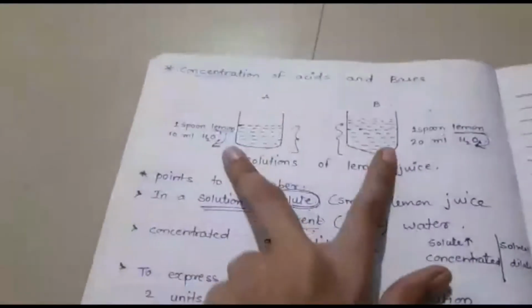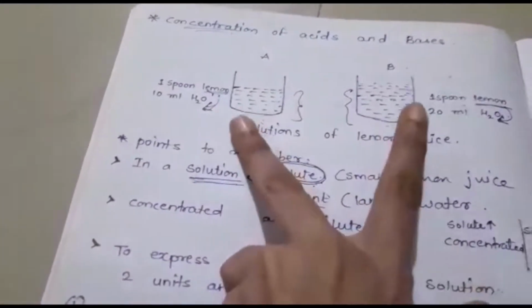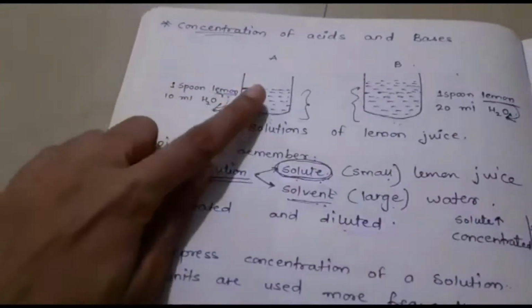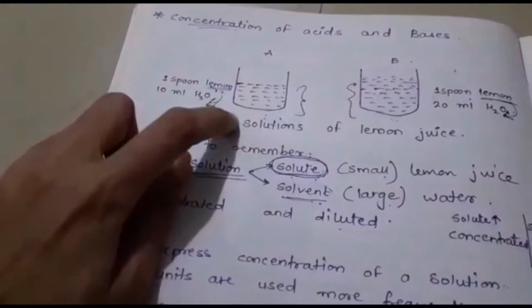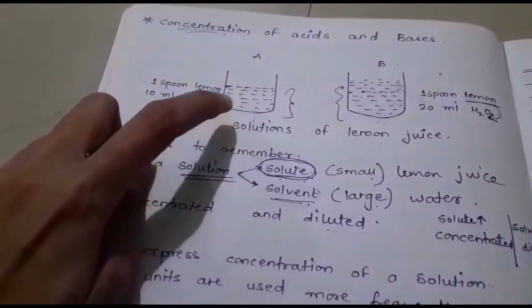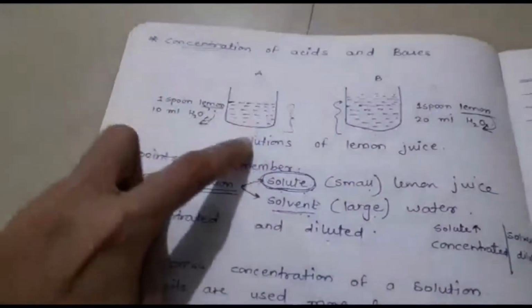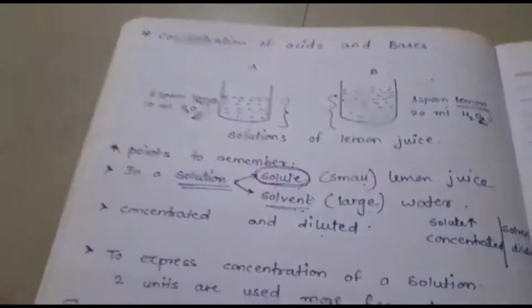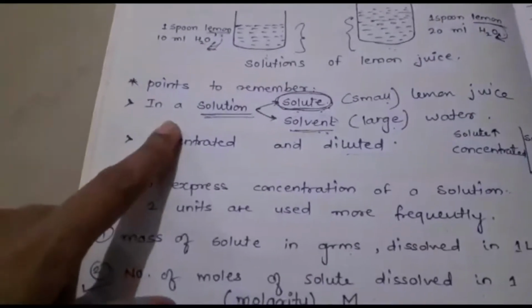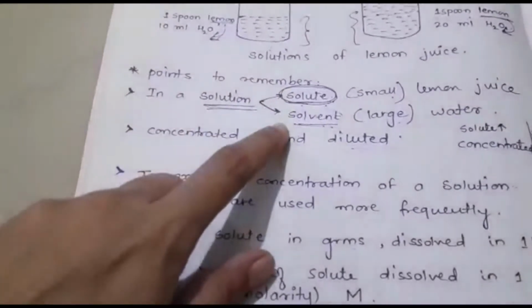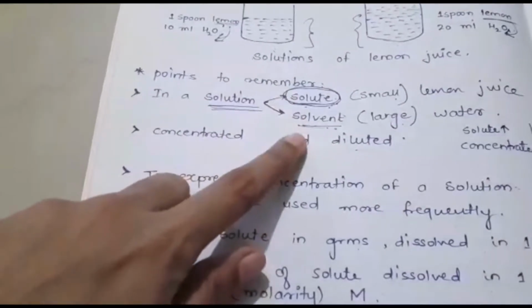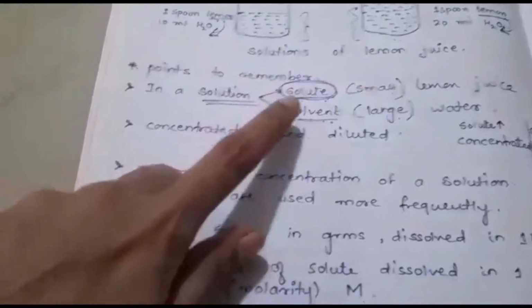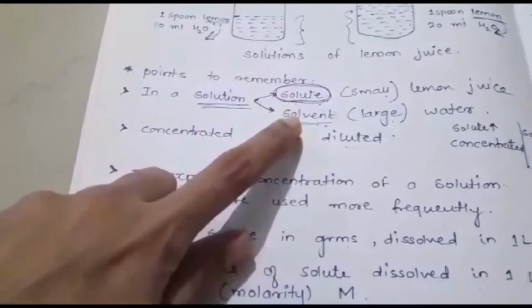Now taste both solutions. Which solution will be more sour in taste? Definitely A, because the amount of water is less and the amount of lemon in both beakers is the same. So the point to be remembered: in a solution two components are present, solute and solvent. Solute is always present in small amount and solvent in large amount.